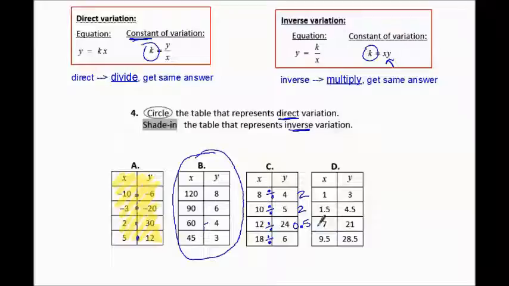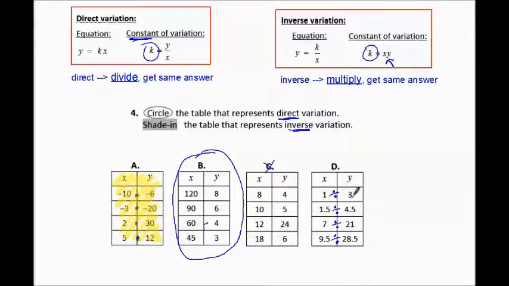So it's not direct. Let's try multiplying all of them to see if we get the same number. 8 times 4 is 32. 10 times 5 is 50. Well, already that didn't work, so it's not inverse. So this case is neither. So I'm not even going to circle it. I'm not going to shade it. It's neither.